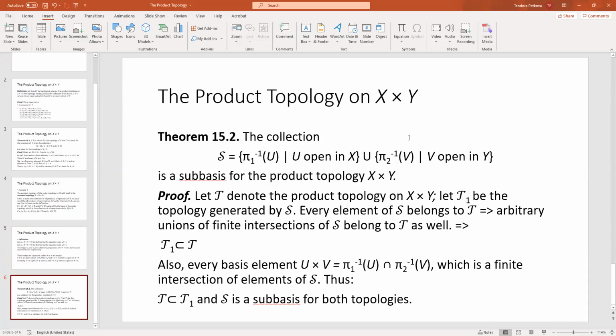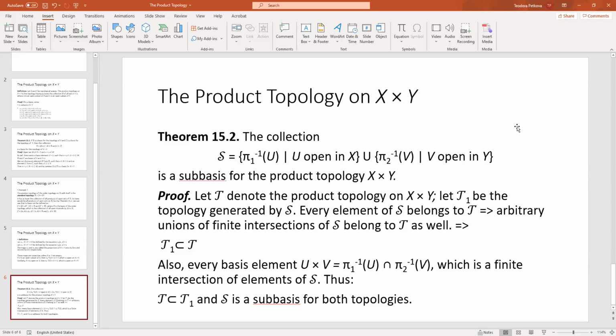Theorem 15.2 says that the collection S of... When I tried to prepare my presentation, I tried to read it aloud and practice how it would sound, and I was really confused about how to read this one. So I'll try.